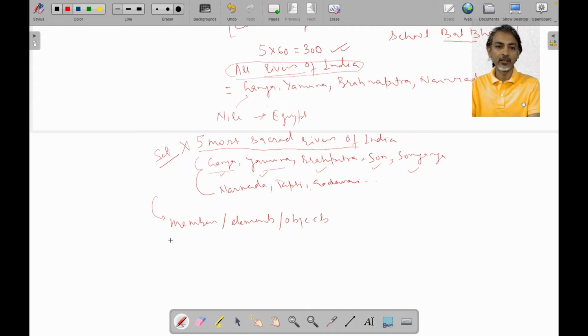And while we represent a set, we represent it with capital letters. So what do we mean? We will write A equals the set or collection of all rivers of India.